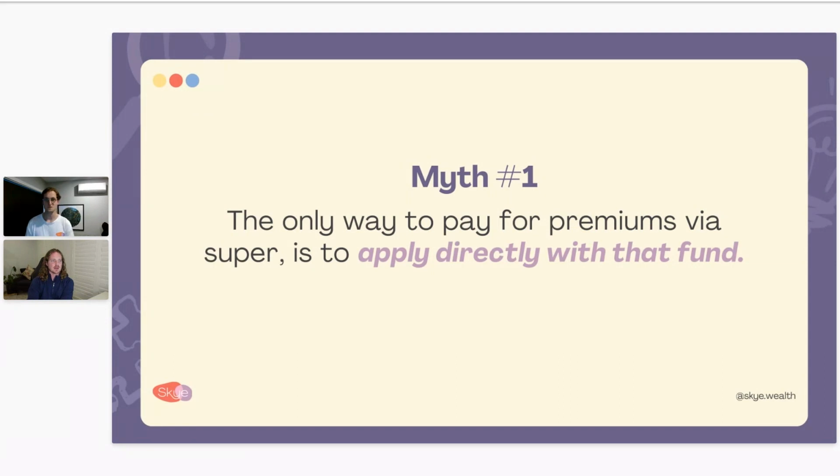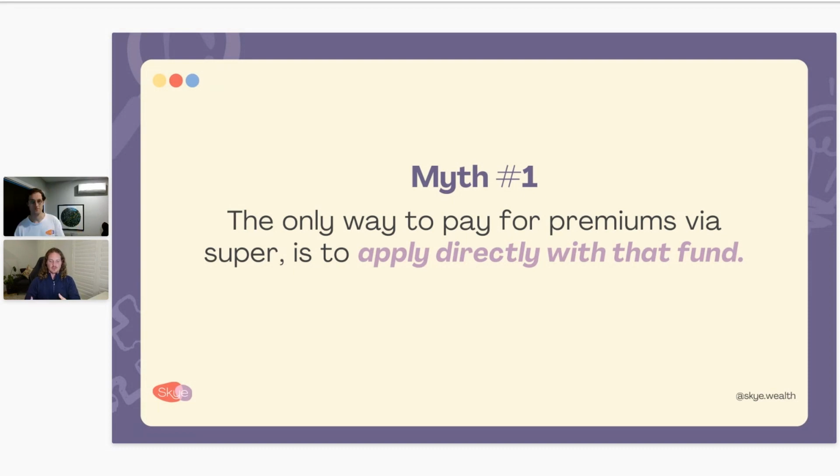Myth number 1: the only way to pay for premiums via super is to apply for cover directly with that super fund. One of the best things about the cover we help our clients set up is that we can get their existing super to fund the premiums with the insurance provider that best suits the individual.